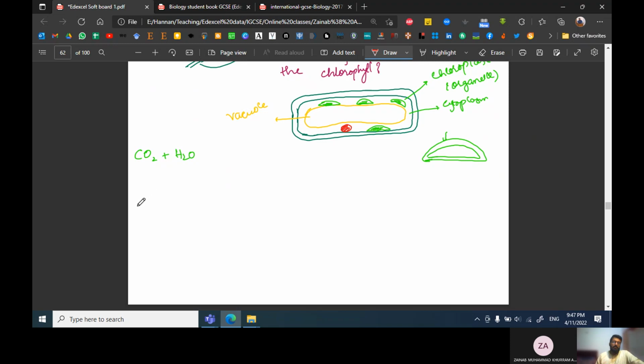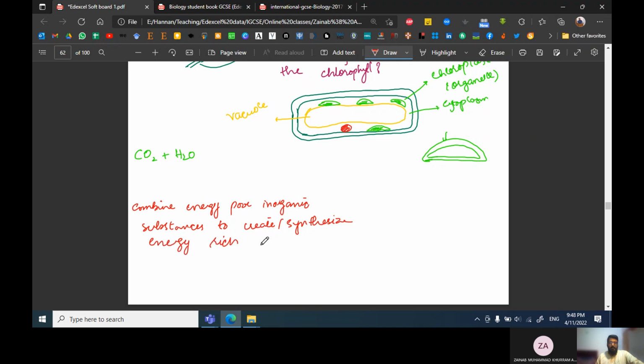The role of photosynthesis is to combine energy poor inorganic substances to create, or to synthesize, energy rich organic compounds. This is actually the theme of the photosynthesis.